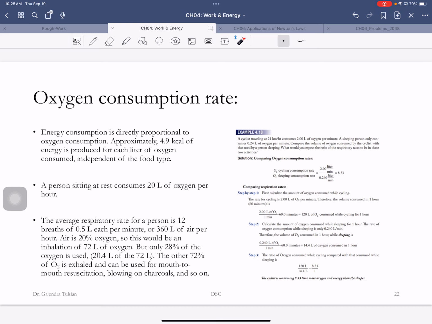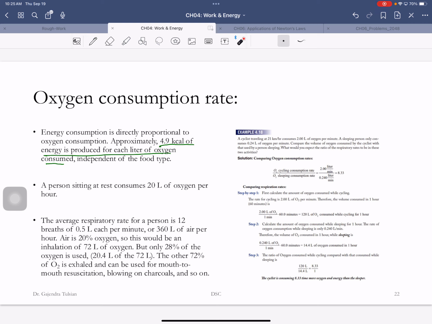Okay, so here's an important number. 4.9 kilocalories of energy is produced for every liter of oxygen consumed. Now we'll talk about what we mean by oxygen consumed.